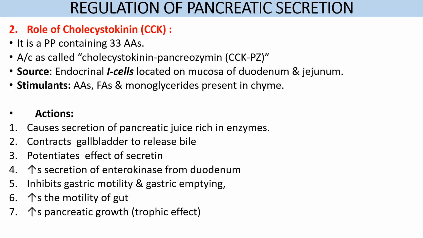The various actions of cholecystokinin are: it causes secretion of the enzyme-rich part of the pancreatic juice. It contracts the gallbladder and helps the release of bile juice. Cholecystokinin works synergistically with secretin hormone and potentiates the effects of secretin hormone. It also increases the gut motility and inhibits gastric emptying.